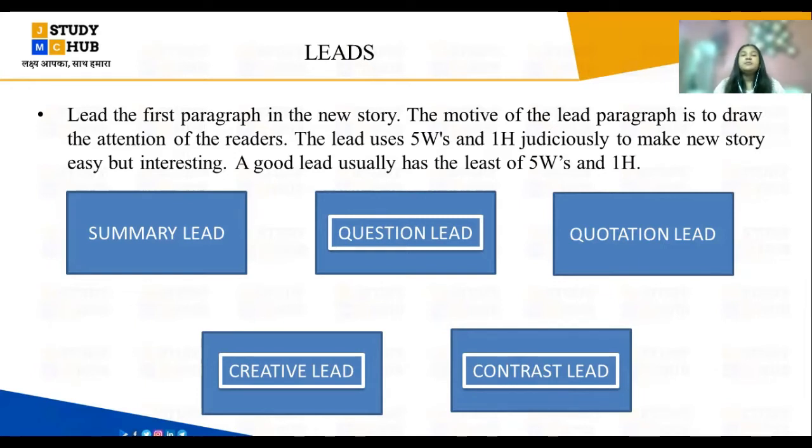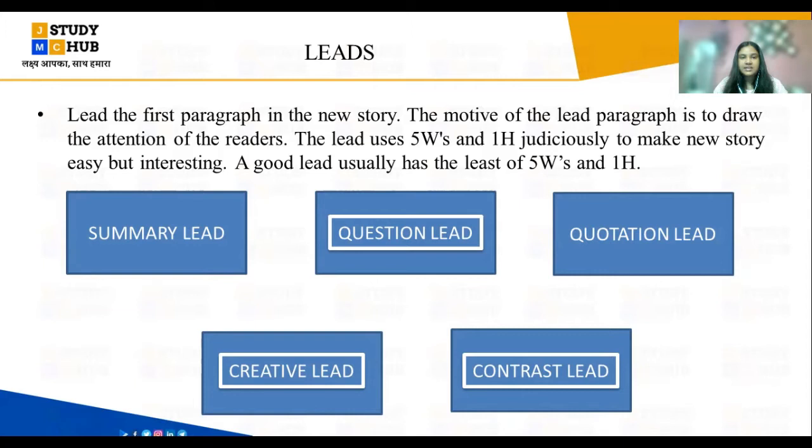So what are the different types of leads that we get? The first is the summary lead, the most common kind of lead. In this kind of lead, you get the information that you generally see in most news stories, for example the 5 W's and 1 H. If we take the example of a train accident, we will see where it took place, when it happened, how it happened, and what actually happened, whether the train was coming at high speed, whether there was a derailment, and what the reason behind it was.